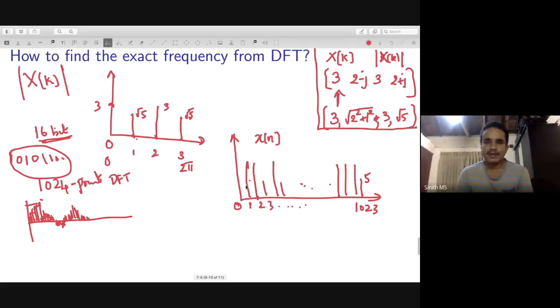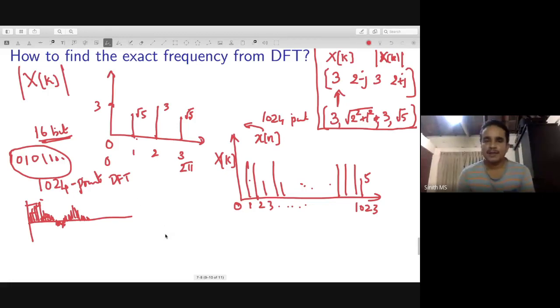Similarly, whatever I have shown here is capital X[k], and suppose you have a signal x[n] which is also 1024 point. Normally a song may contain lakhs of samples.